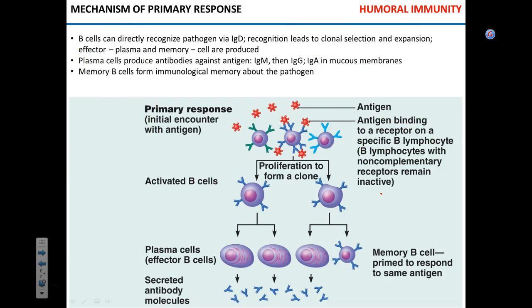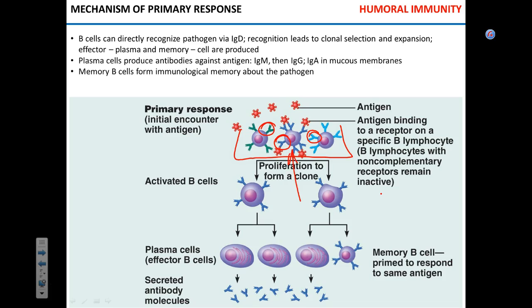So, primary response. What happens? How does humoral immunity respond during the primary exposure? You have B cells with IgD or B cell receptor on the surface.